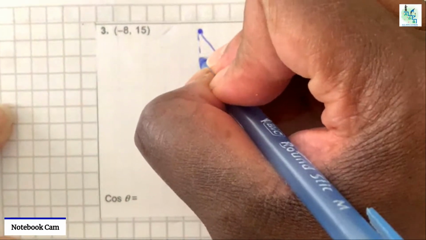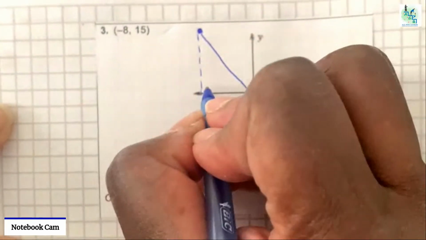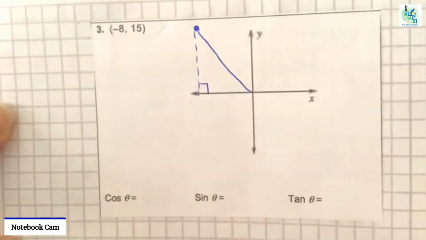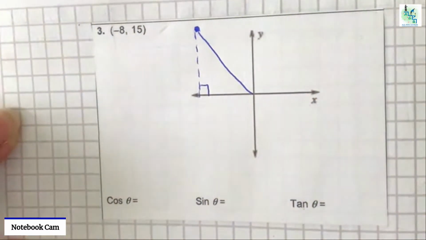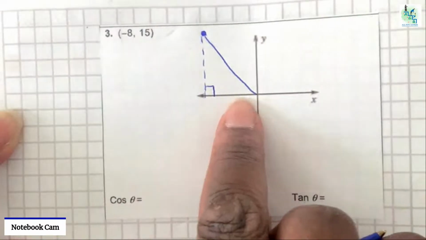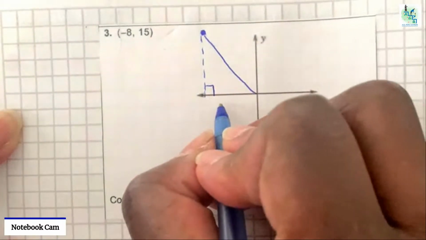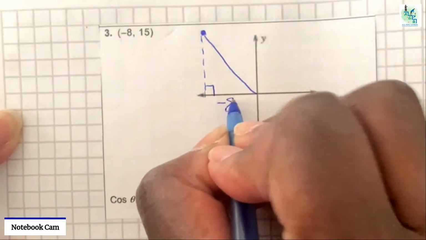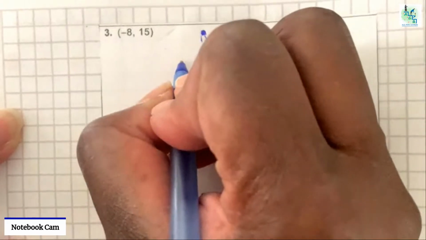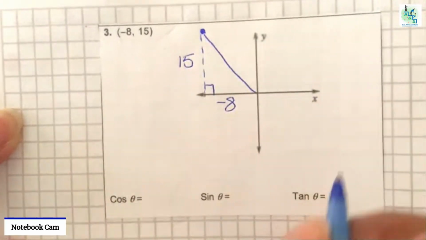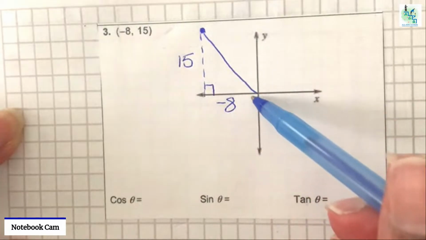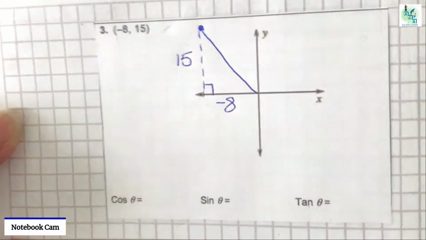And then I'm constructing a right triangle. So my x value is -8. My y value is +15. And we need to find out that hypotenuse.